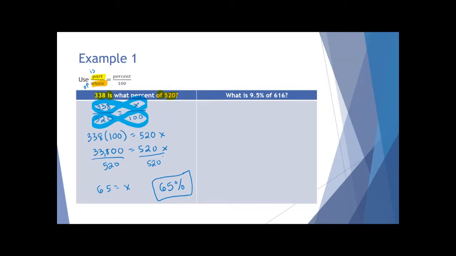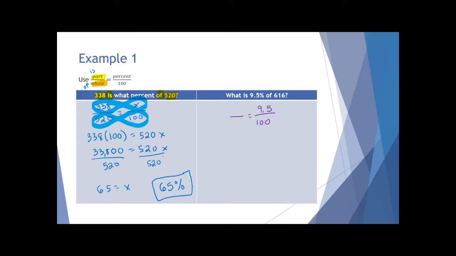Okay. So the next one says, what is 9.5% of 616? So we're going to set up our proportion, and I always have 100 in the denominator. They give us the percent, so I can fill that into the percent spot. So the percent is always over 100, so that's going to be 9.5 over 100.